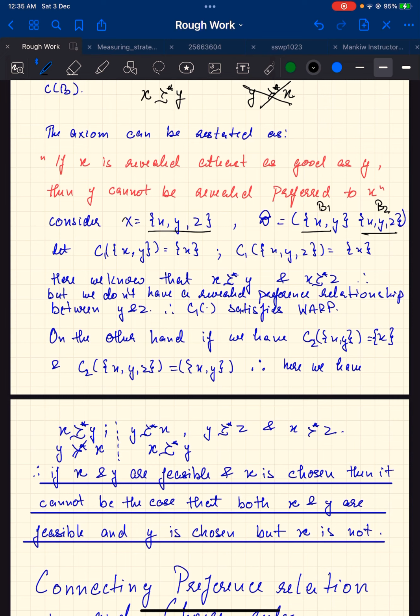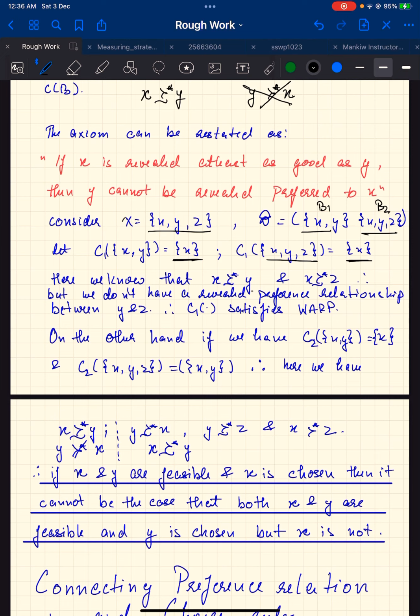B1 includes X and Y, B2 includes X, Y, and Z. Let choice rule C1 be such that when faced with the choice between X and Y, the individual chooses X. When faced with the choice between X, Y, and Z, the individual again chooses X. So, based on choice rule 1, X is revealed at least as good as Y. Also, X is revealed as good as Z.